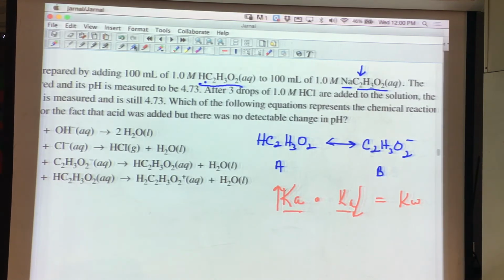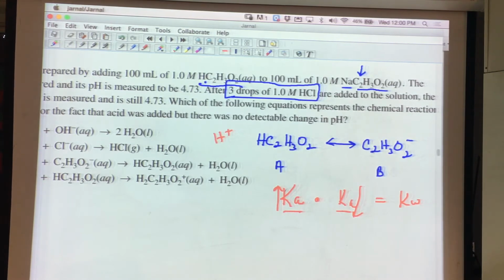Now in the question, they said they're adding 3 drops of Jupiter here, and in this case, they're adding what? Strong acid, which dissociates into what? H+. And they want to know what the reaction is. Now we know that the pH is not going to change much, right? We have a lot of conjugate acid, a lot of conjugate base. So, what's the reaction?